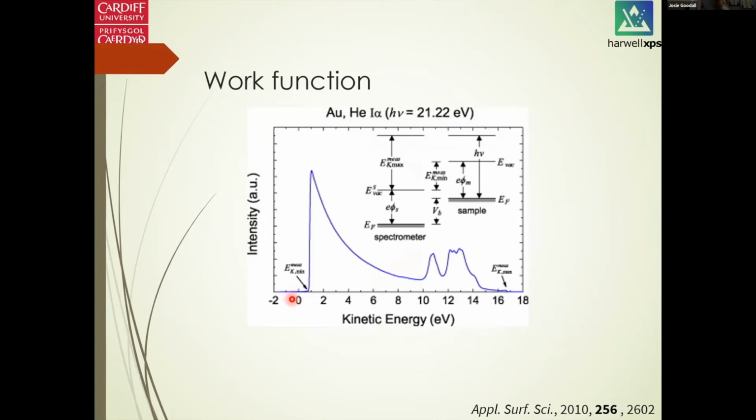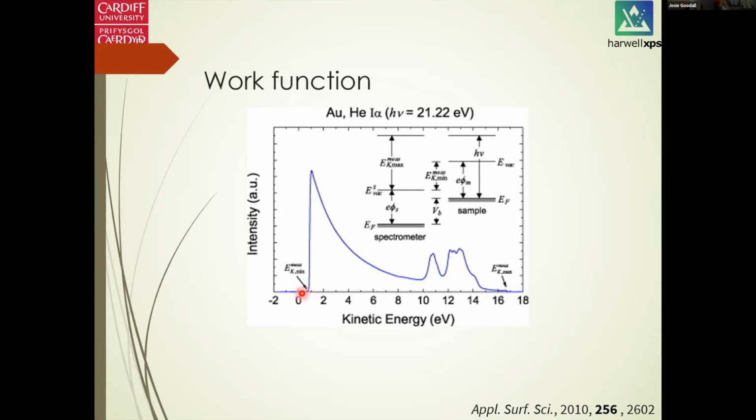And this is a typical UPS spectrum, and this includes two processes. One is the primary process, which is the elastic scattering of the photoelectrons. And these photoelectrons don't lose any energies. Therefore, they provide detailed structure information, which correlates to their electronic states and has a good approximation of the density of the states.